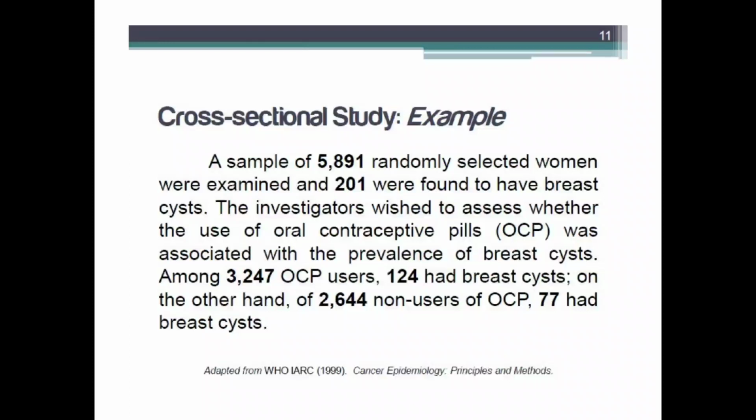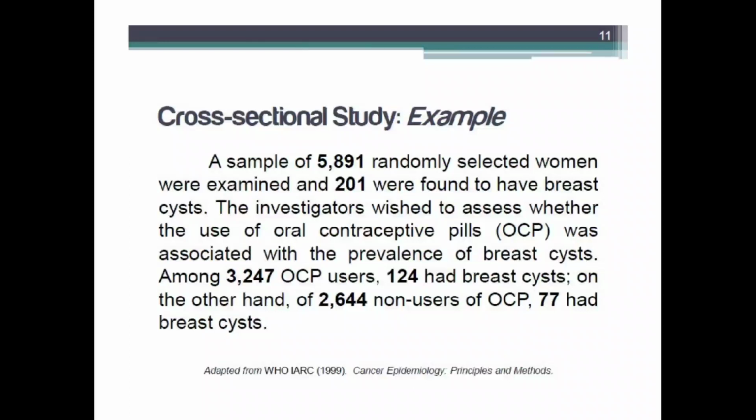So, the investigators wish to assess whether the use of oral contraceptive pills, or OCP, was associated with the prevalence of breast cysts. Among 3,247 OCP users, 124 had breast cysts. On the other hand, of 2,644 non-users of OCP, 77 had breast cysts.